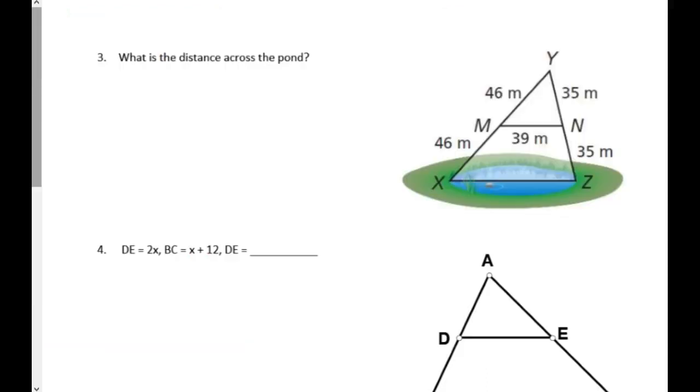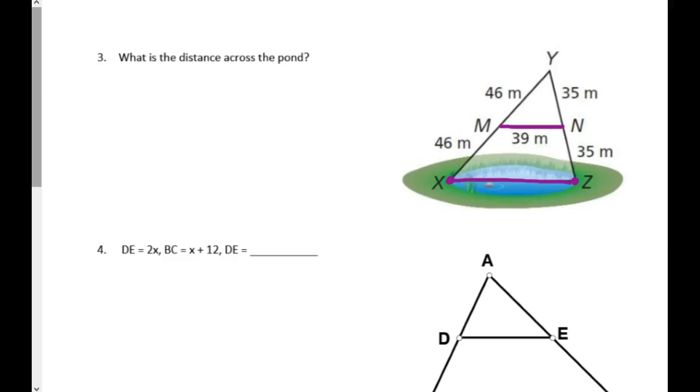On the back, what is the distance across the pond? So give me 2 letters for distance across the pond. From what to what? Across the pond. What 2 letters? From X to Z, right? That's Jay-Z's second cousin, XZ. All right. So across the pond, if I know the mid-segment is 39, how do I find the parallel side?